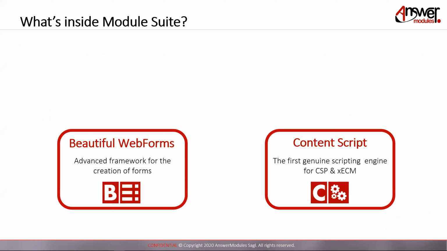So I briefly mentioned there are tools within Module Suite. So what are these tools? Essentially, the two main ones are Beautiful Web Forms and Content Script. Respectively, they are very powerful and super efficient tools. One is to implement user inputs, i.e. forms, ergo the Beautiful Web Forms.